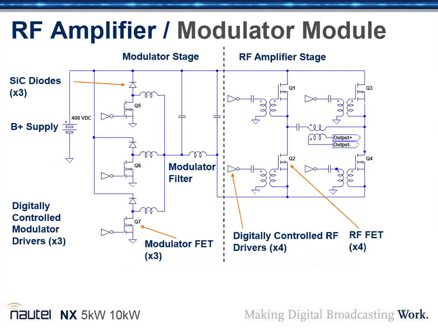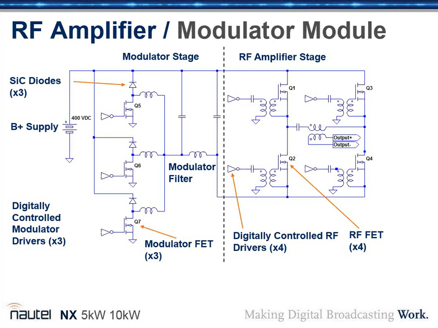And so here's the drawing. Would you like to explain the modulator, the three phases here you can see, and then the H-bridge, how that works? Sure. The modulator FETs are controlled by our PDM, the digital modulating signals that come into the power amplifier.